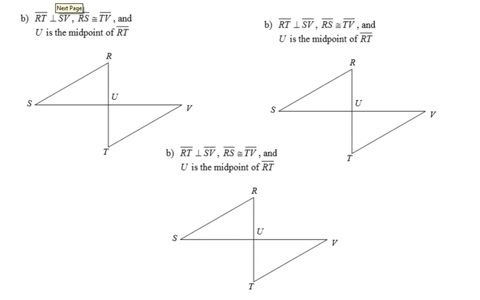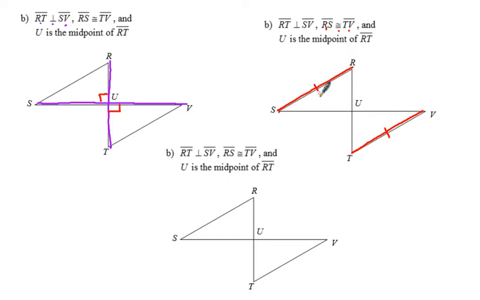Part B gives us that RT is perpendicular to SV, and so we can infer that they meet at a right angle. So those are 90-degree angles. Second, we're given that RS is congruent to TV, so we can place a tick mark on those sides to show that.